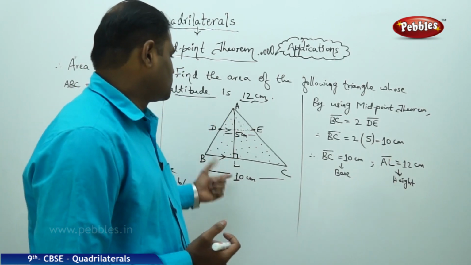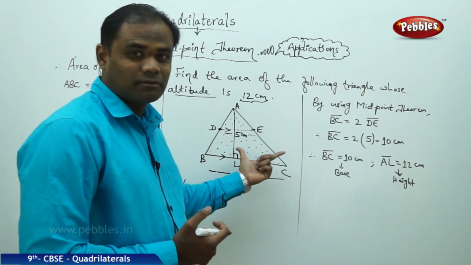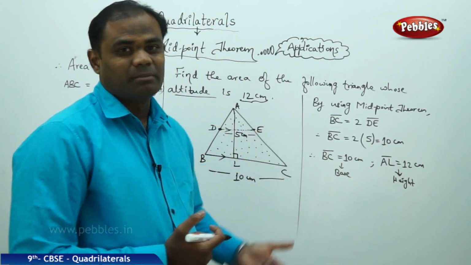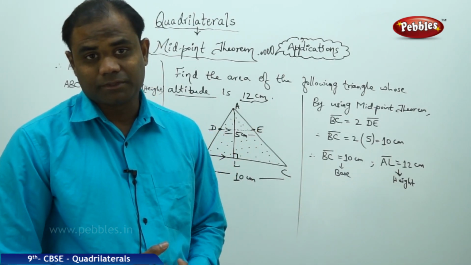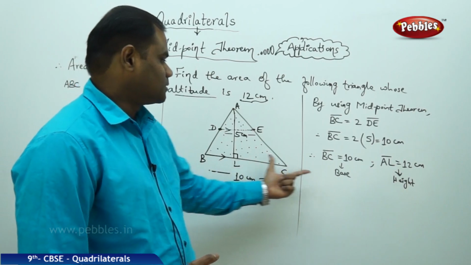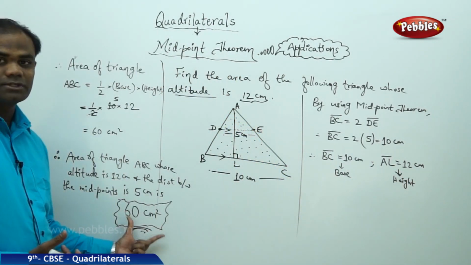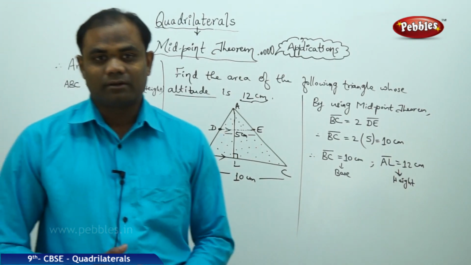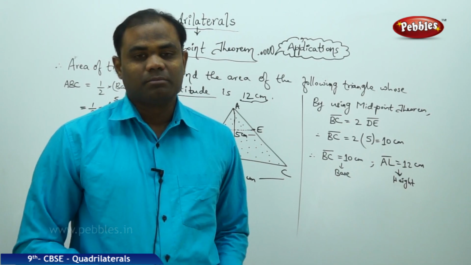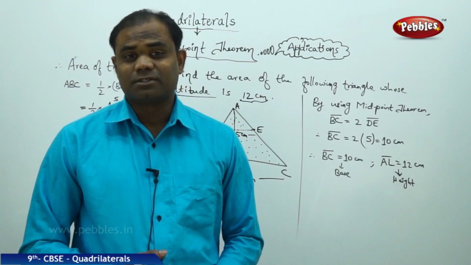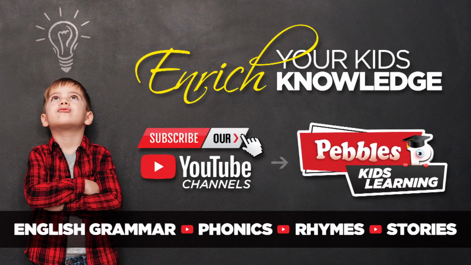Given the altitude and the distance between midpoints, I can find the length of the third side using the midpoint theorem and its extension. So the midpoint theorem helps us in finding base and height, and hence the area, which is 60 centimeter square. Applications of the midpoint theorem in finding areas of triangles.